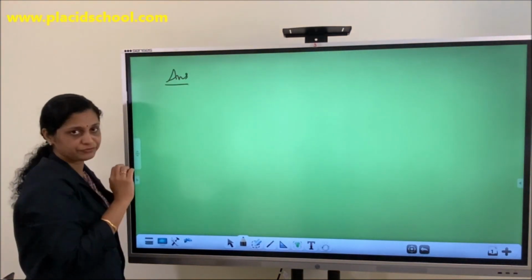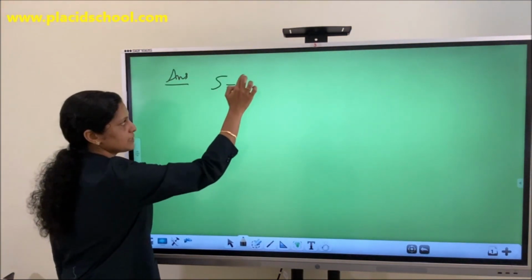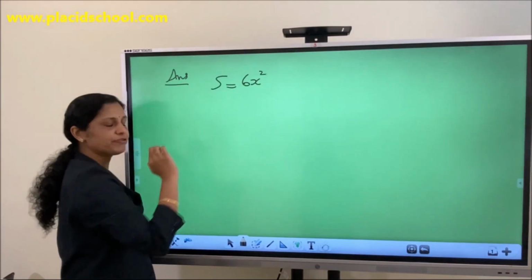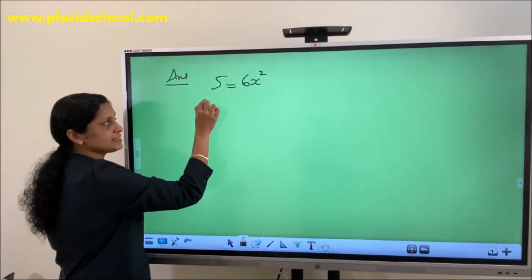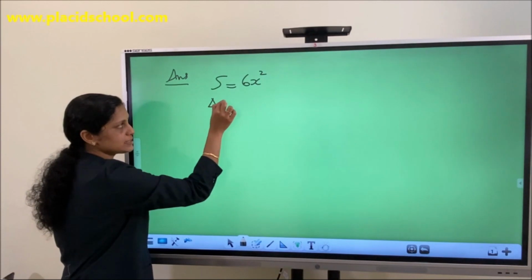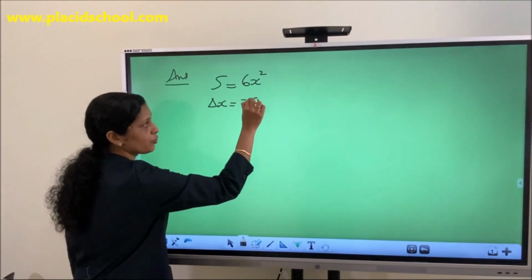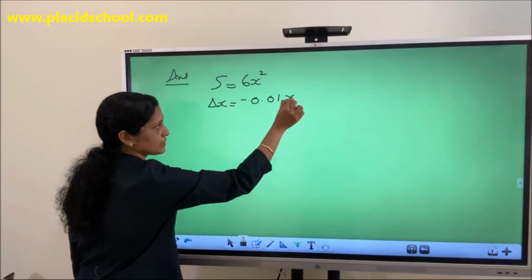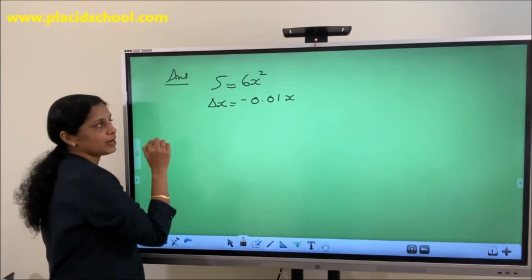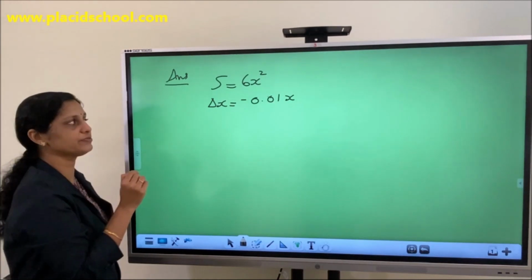Answer. We know that for the cube, the surface area is 6x square if x is the side. And here it is given that our side is decreasing by 1%. Therefore, this is minus 0.01x.